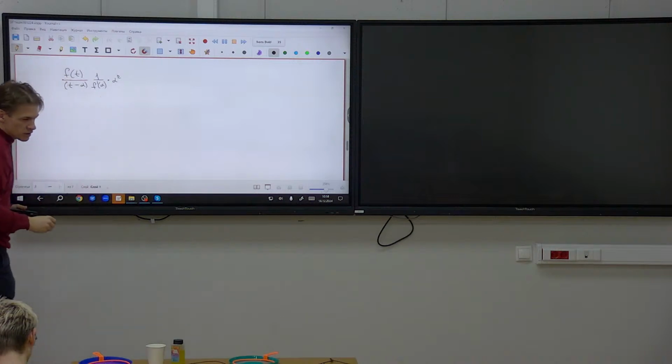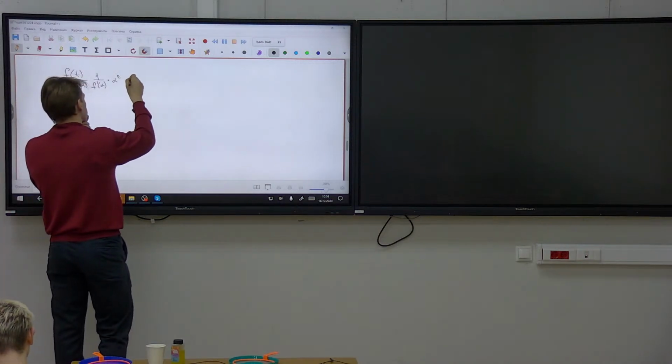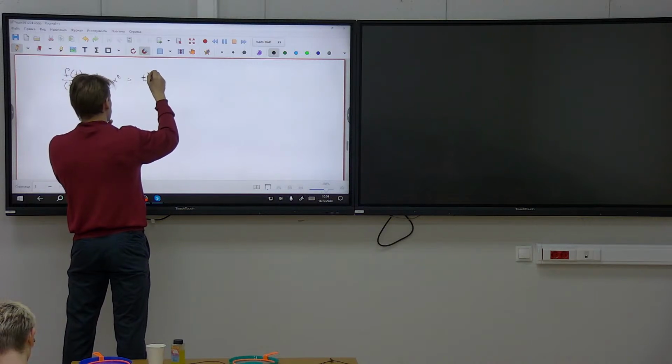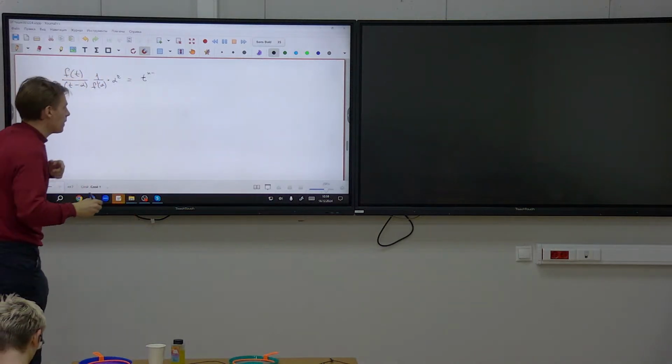Notice that this is a polynomial with coefficients in our field, of degree n minus 1.